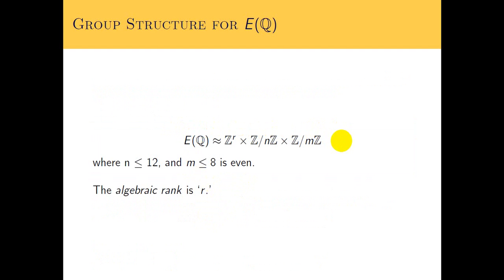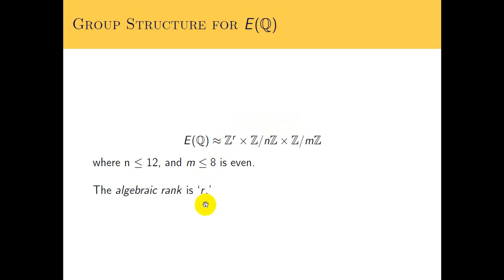We can present what it's isomorphic to, what it looks like, how to think of it. So we think of this group, this elliptic curve, this extremely complicated object, this cubic polynomial and all the solutions on it, as just the right hand side here: some power of the integers as a direct product with some torsion piece.